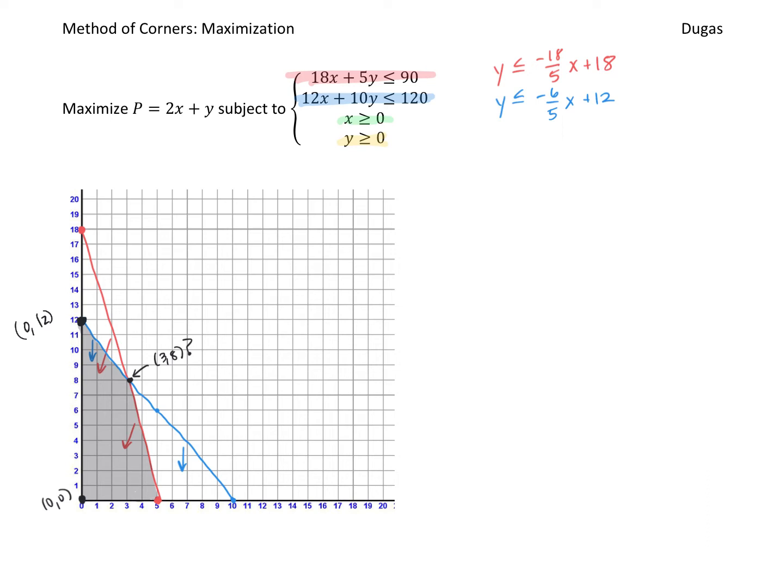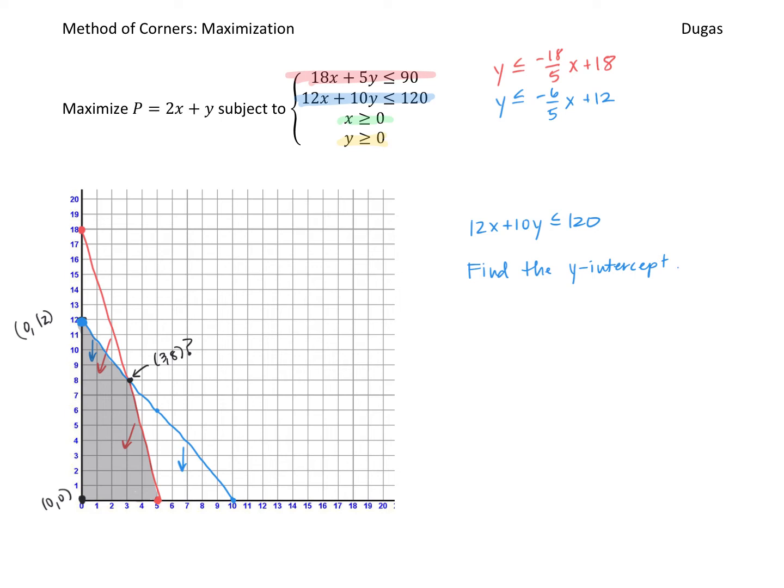This point right here that I'm saying is 0, 12, notice it's associated with the blue line. So the blue line, we have 12x plus 10y is less than or equal to 120. That is the blue line's y-intercept. So if I wanted to know for sure that that was 0, 12, I could find the blue line's y-intercept, because I want to see where that blue crosses the y-axis.